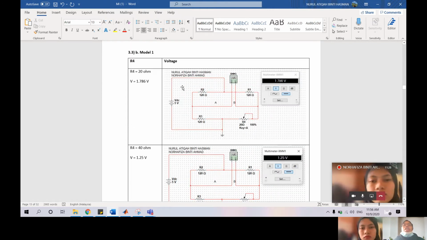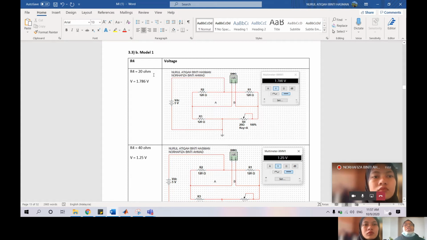So for 3.3, it also asks us to find the voltage. The previous ones I showed you are the current. So for the voltage, we just change the multimeter into volt, and then we get the answer.